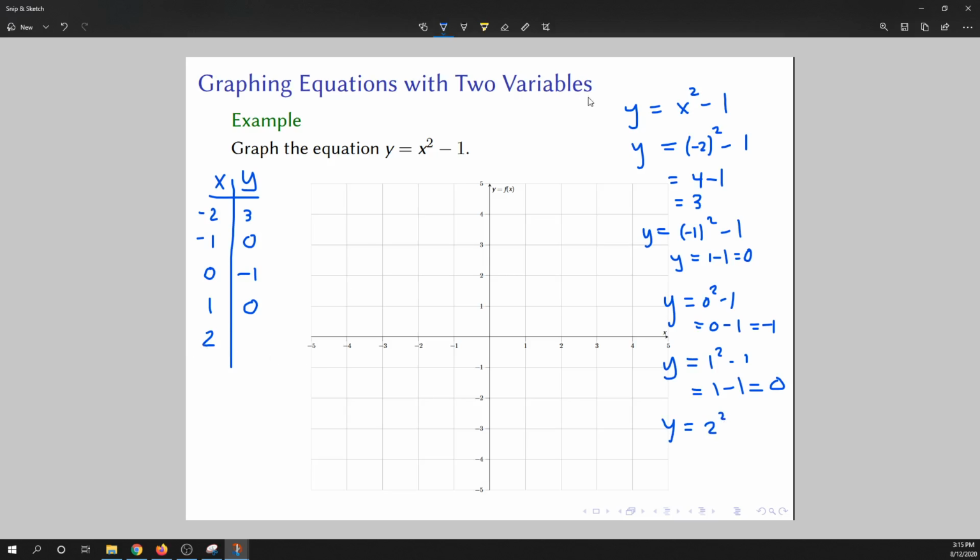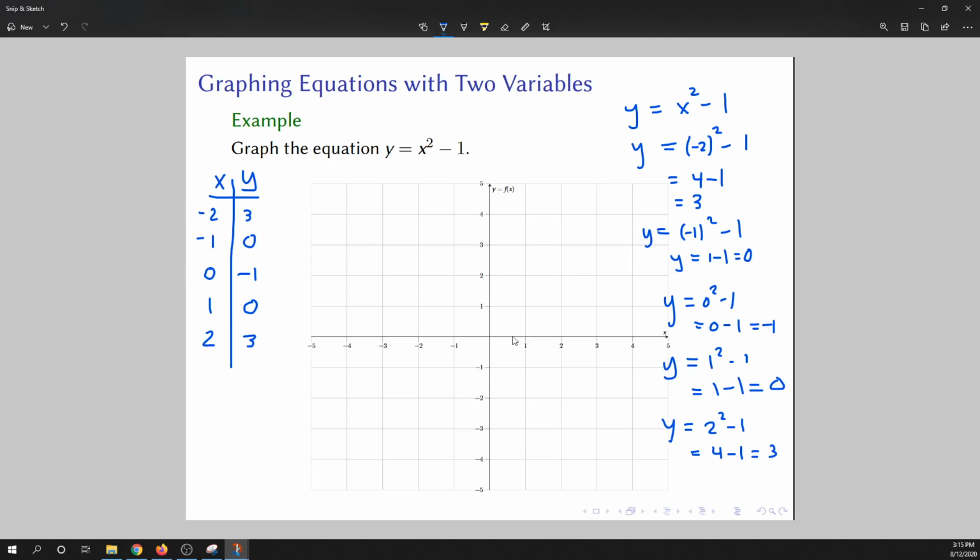And then plug in the 2 into this x. I get 4 minus 1, which is 3. All right, so you can see what I'm doing is just generating a bunch of solutions that look like this.